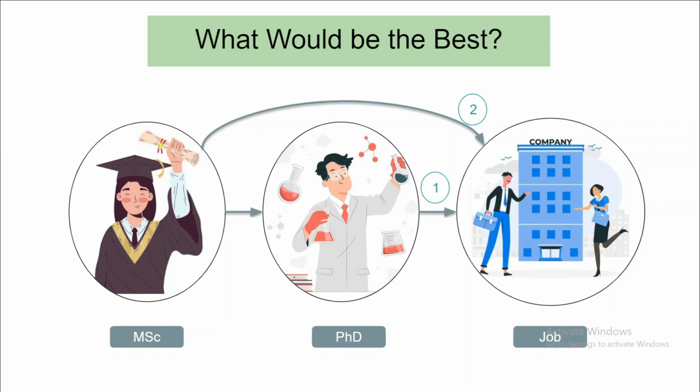Both ways have different pros and cons, and I'm not saying that a PhD after MSc is not a good option. Yes, PhD is also a good option, but it depends on a lot of factors. We will discuss what factors we can look at before deciding the career path, whether I can pursue my career after MSc, or whether I should go for some higher research or higher study.